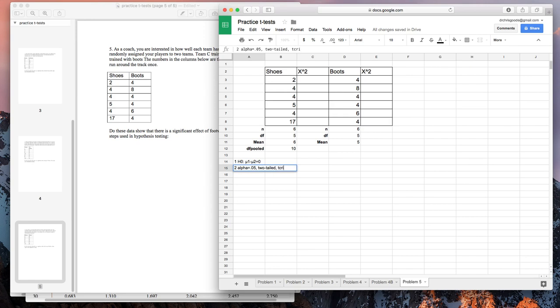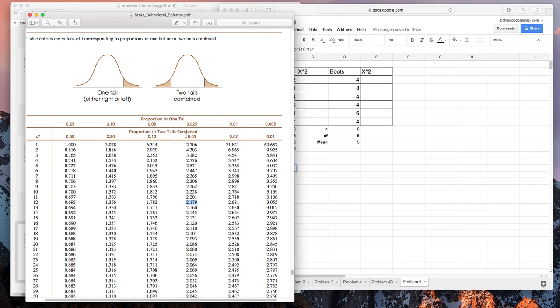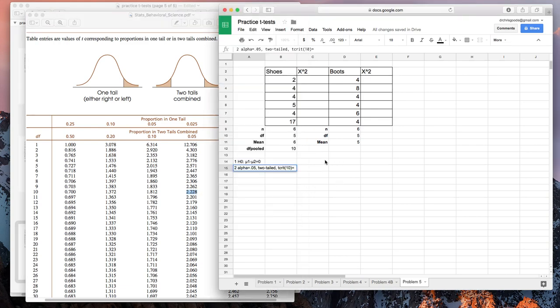So our critical value for t with 10 pooled degrees of freedom, see I already pooled our 6 scores in each one, 5 degrees of freedom each is 10. We'll look up 0.05 and two tails combined, 10 degrees of freedom, 2.228. It's two-tailed though, so we're going to do plus or minus 2.228.